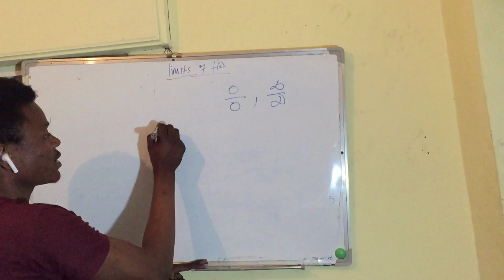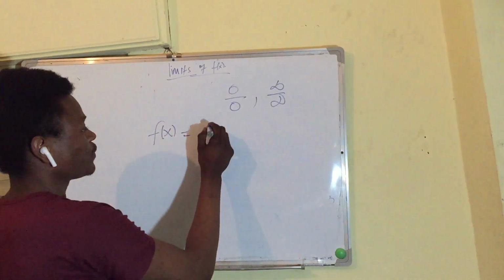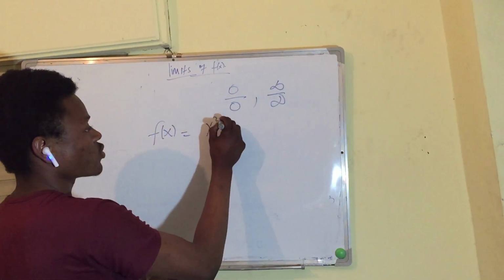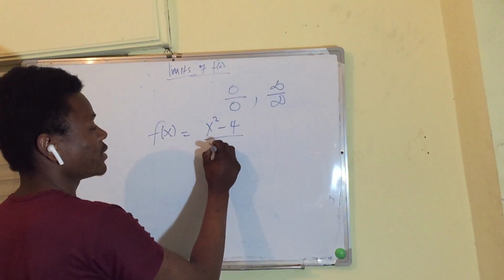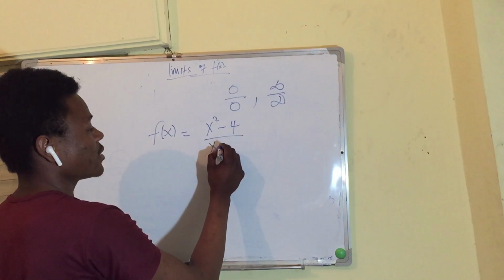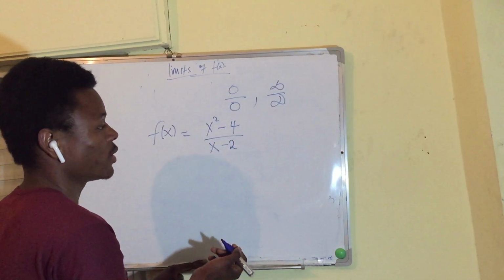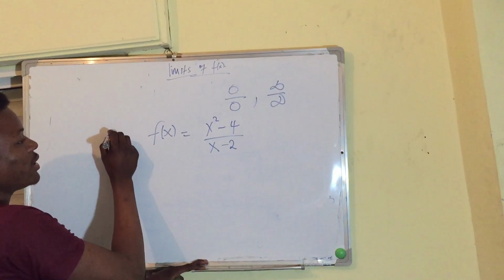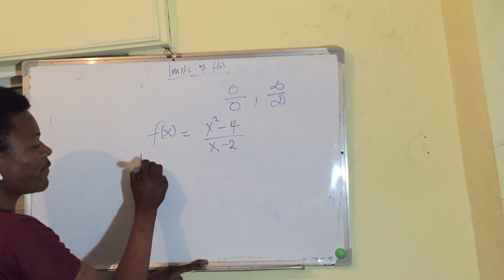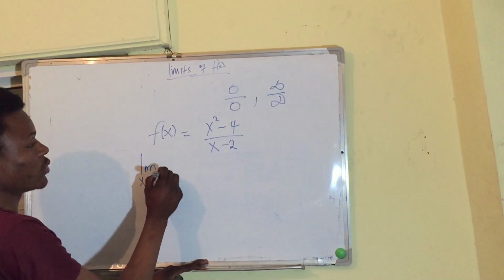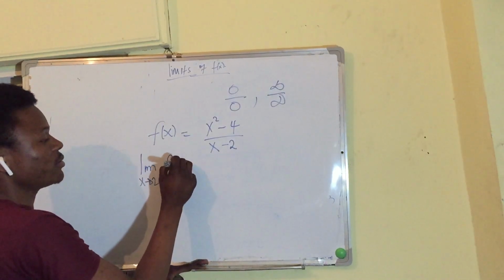For example, in this case, if f of x equals x squared minus 4 all over x minus 2, what is the limit of f of x when x goes to 2?